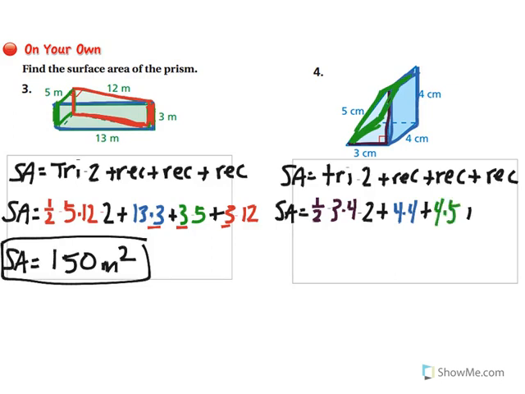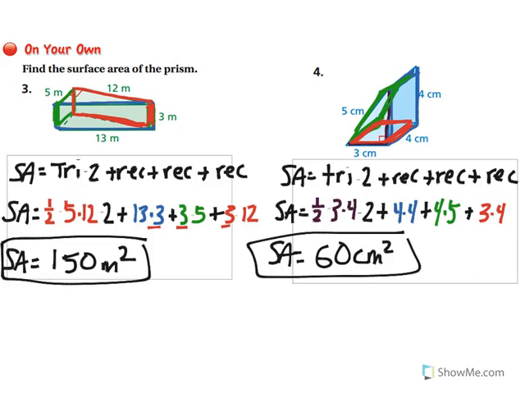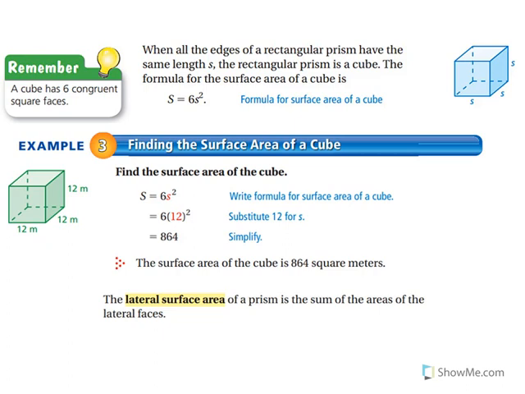And then plus my last one, which is going to be right down here. It's 3 by 4. And when I plug all these into my calculator, I should get 60 centimeters squared. Hopefully you came up with the same answer. All right, let's go ahead and move forward.